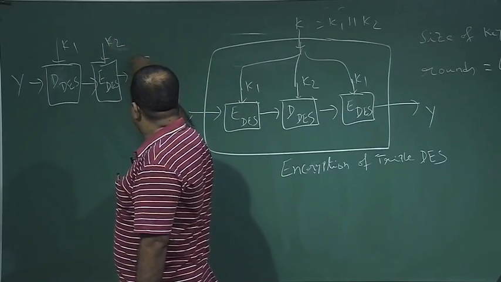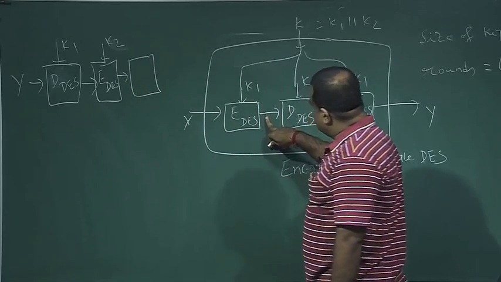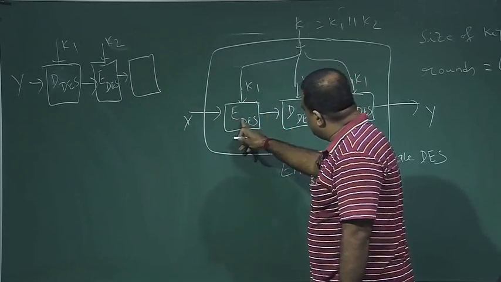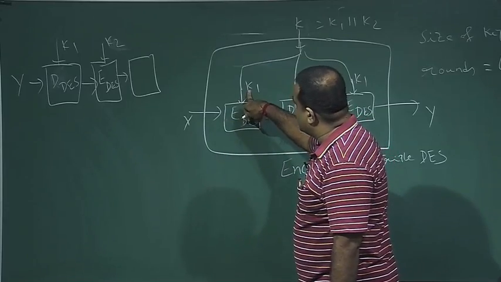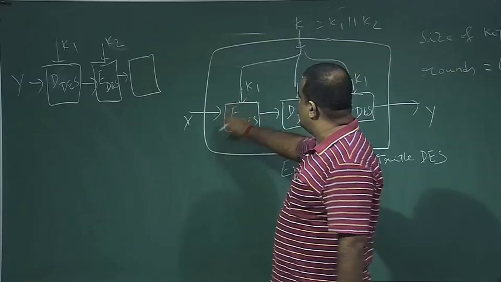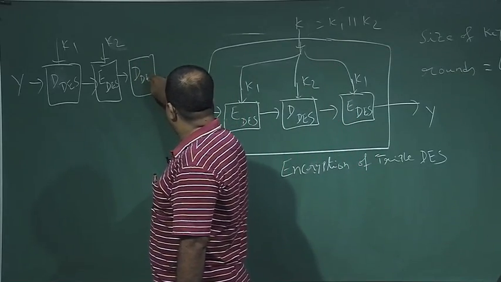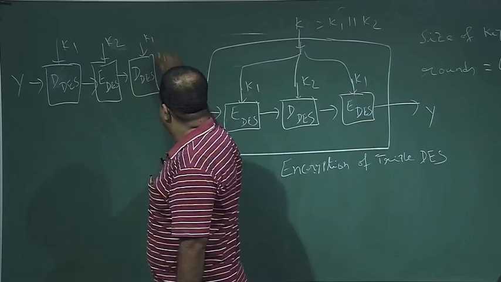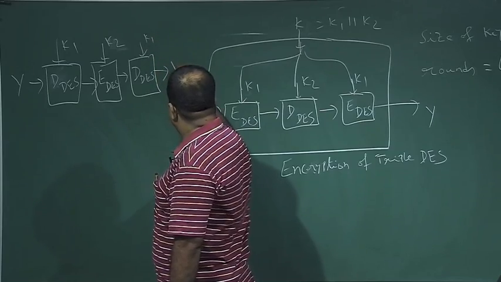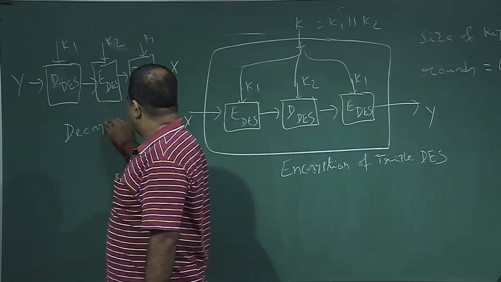So this will reach us here. Now we have an encryption, so we have to use decryption using the same key K1, so that we will come back to the X. So this is the decryption of DES using this K1, and we will get back this X. So this is the decryption process of triple DES.